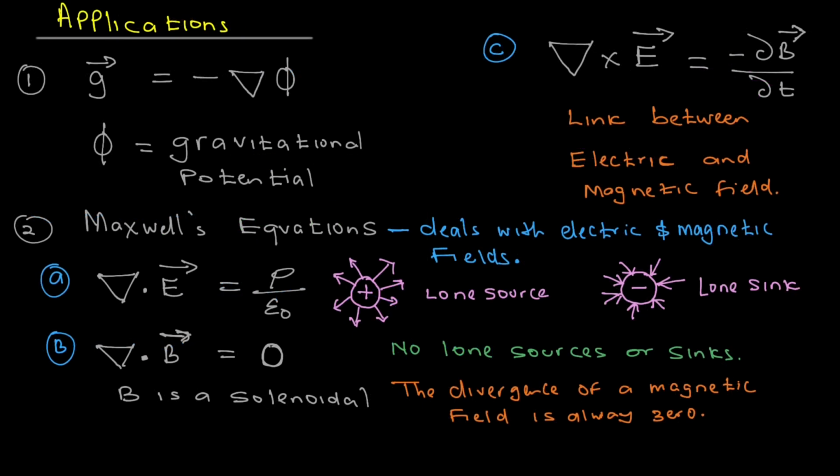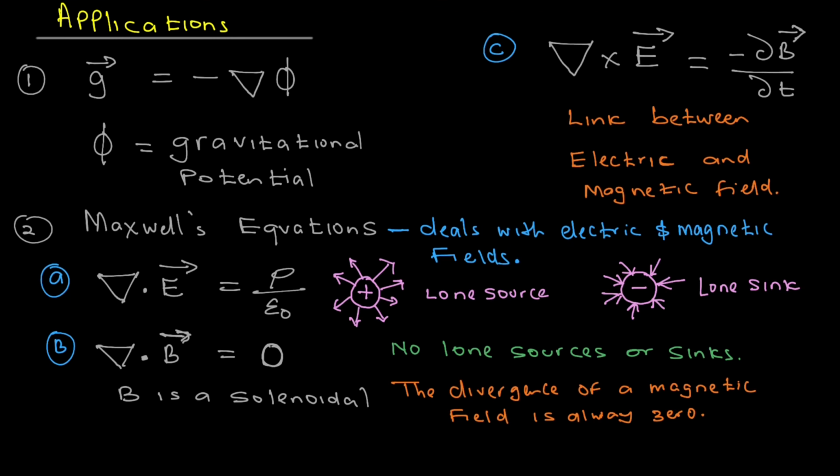So, applications. The application here is on a gravitational field, where you apply the del on a scalar function, and this scalar function is called the gravitational potential. It's negative because it's in the opposite direction of the gravitational field.